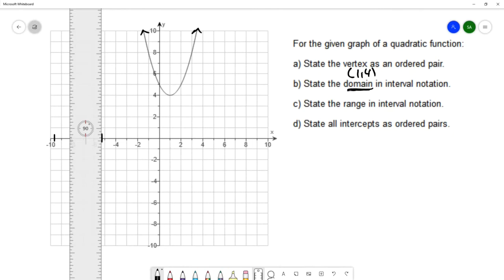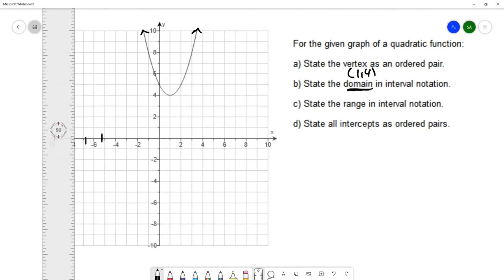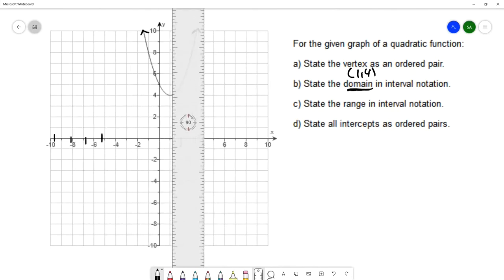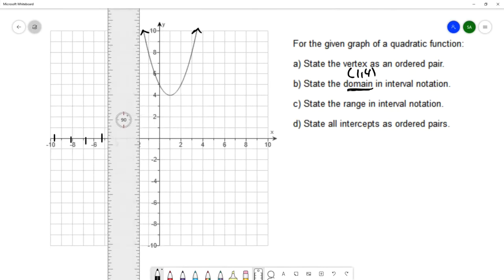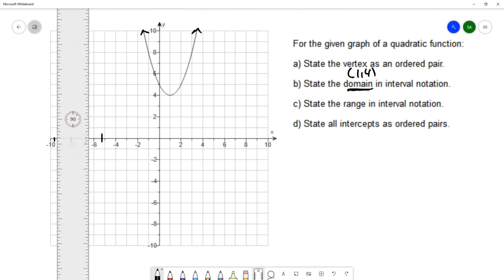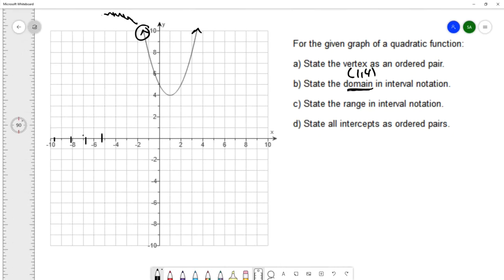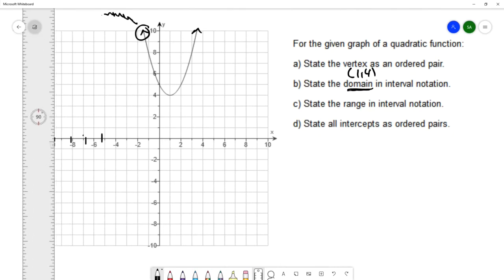So when I'm holding this ruler vertically, I'm going to sweep it from left to right and pay attention to when my ruler starts hitting the graph and when it stops hitting the graph. Because of these arrows going on forever, it's going to keep going up and to the left. That means that there is no real starting point for the domain.